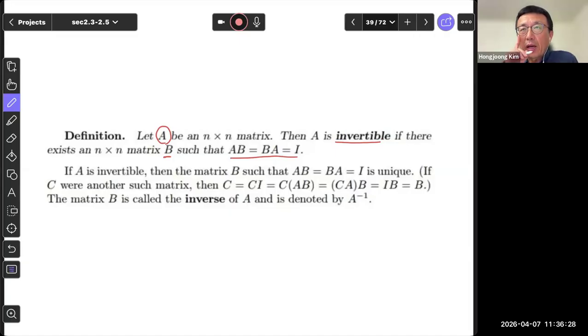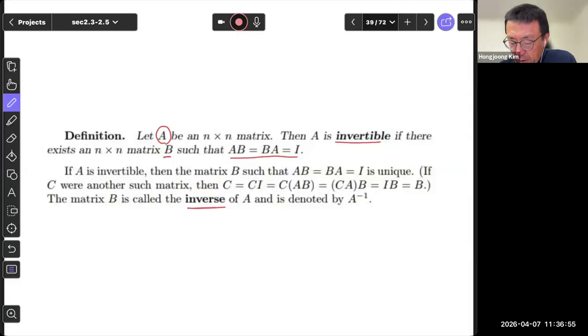Then we say A is invertible and B will be called an inverse of A. And similarly to the linear mapping, if a matrix is invertible, then its inverse will be unique.